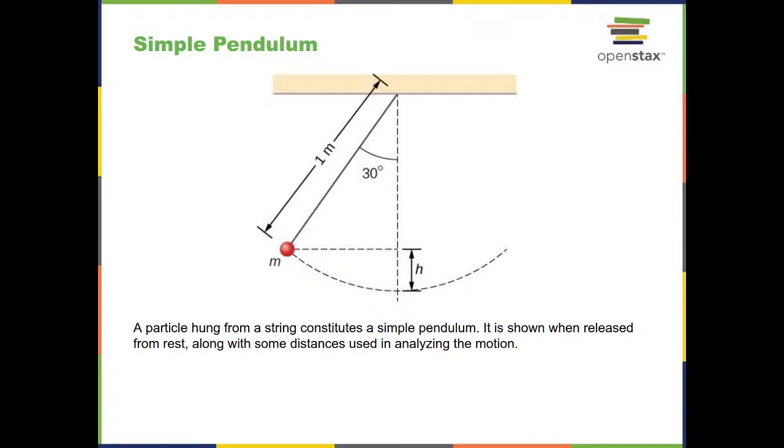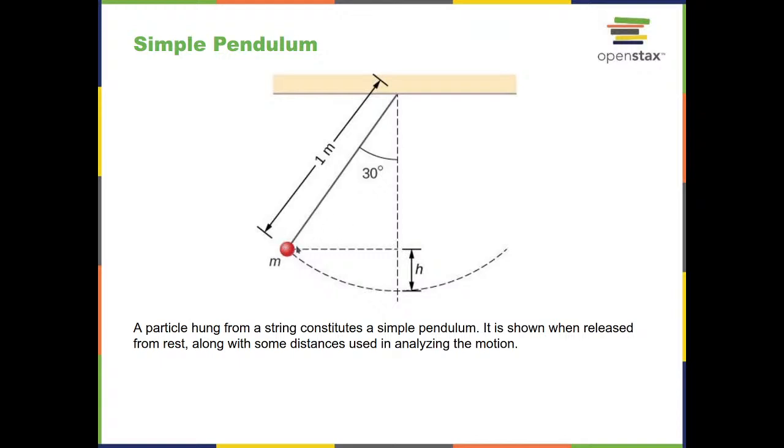The only thing we're still missing here is that we still have this expressed in terms of h, the height, and of course we can relate the height to the initial angle and the length of the string. So the height will be the total length of the string, which is the distance from the point where it's attached at the ceiling to the lowest point, minus the vertical component of the string when it's at 30 degrees.